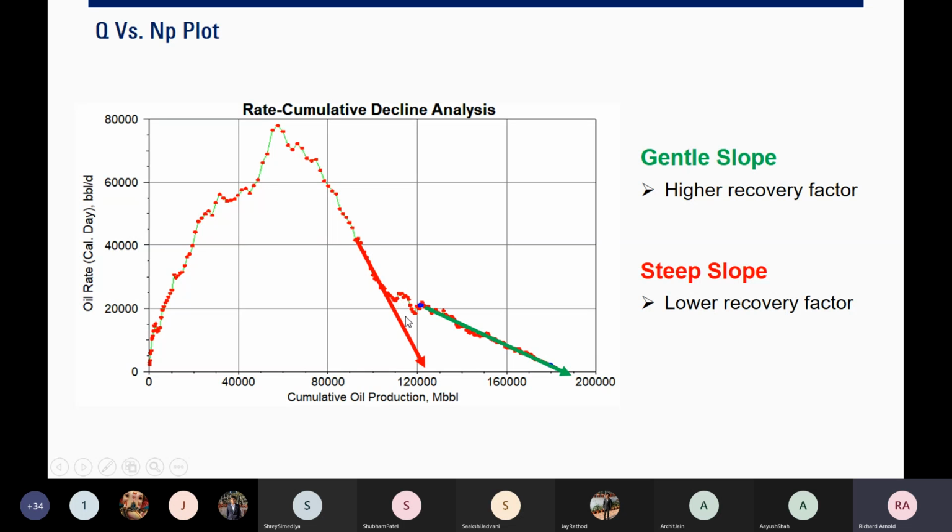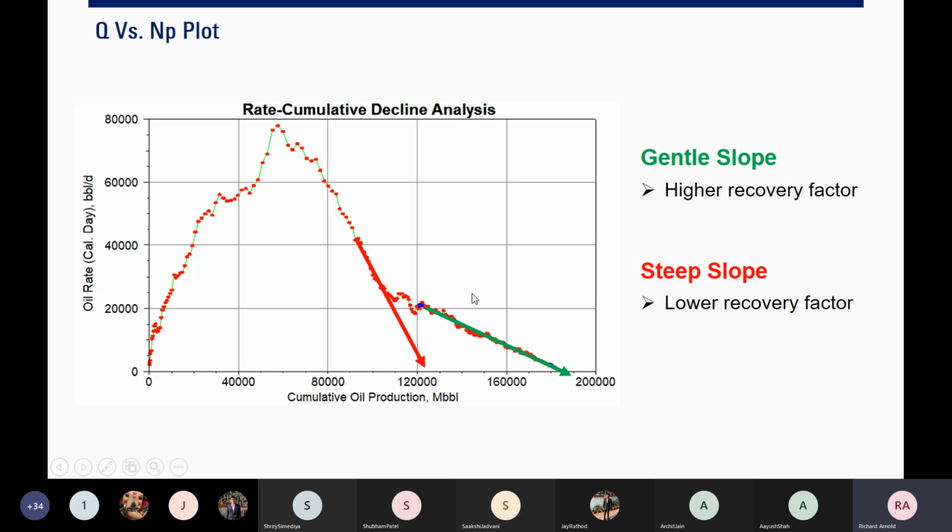That's simple, right? So actually, there is a treatment, an intervention that finally changed the slope of this plot. And we need to know in our production history what really happened around this time, so that the slope changed significantly from the previously steep slope to a more gentle slope.